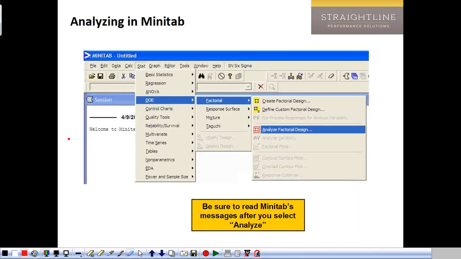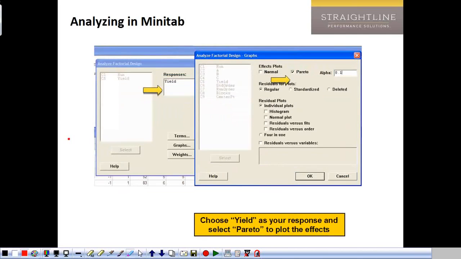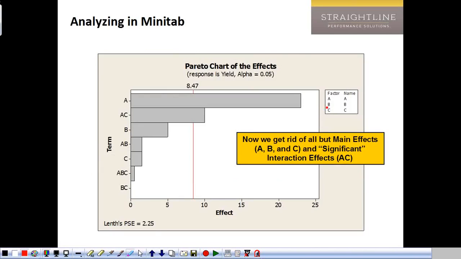I'm just going to walk through. We start out with analyze factorial design, DOE, factorial, analyze factorial design. We have to enter the data in. We have to code the factors. This time we're just going to leave them as -1s and +1s. And then we're going to do the residual, or the alpha, when we do the response. Do alpha. I like putting in 0.1.